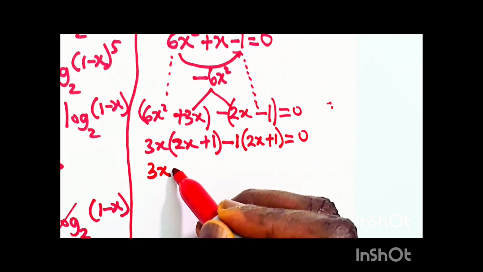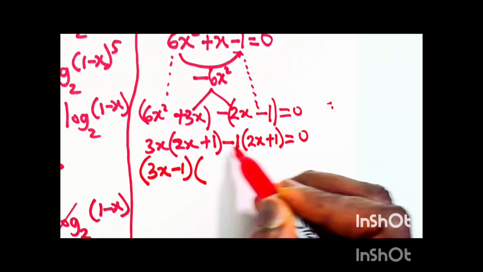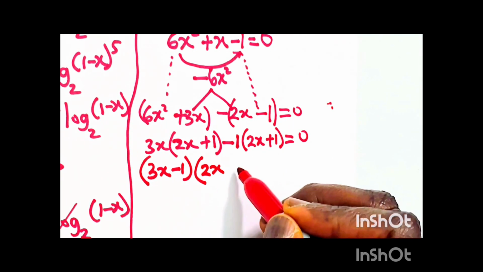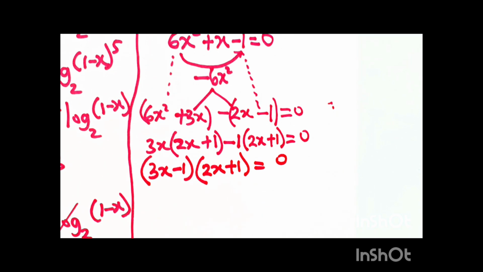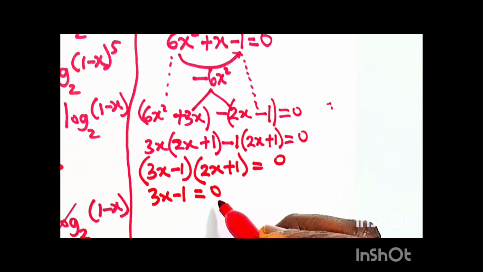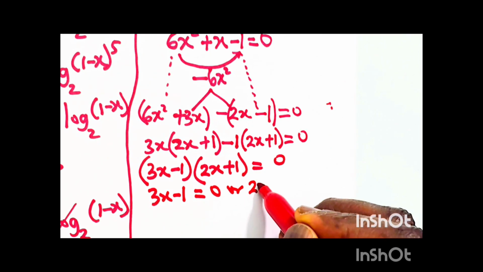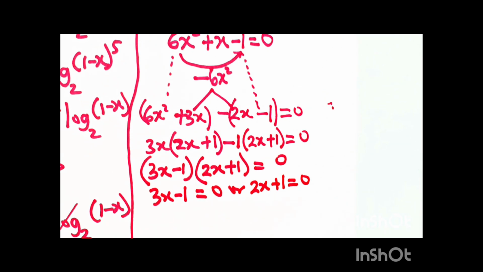We have 3x minus 1, bracketed together with the ones in the bracket. Pick one of them: 2x plus 1 will be equal to 0. So the interpretation of this is that 3x minus 1 equals 0, or 2x plus 1 equals 0.